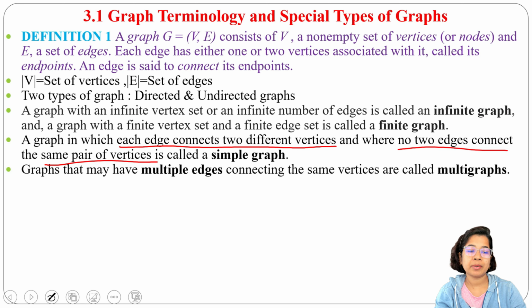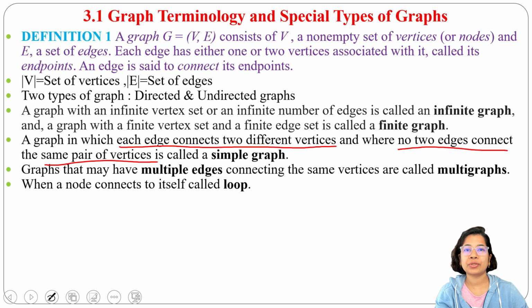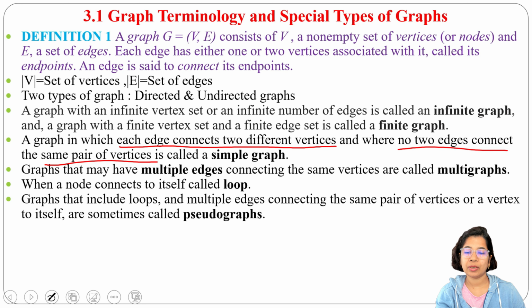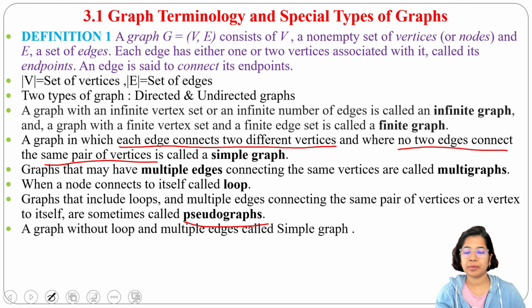A graph that may have multiple edges is called a multigraph, and when a node connects to itself, meaning there is an edge to itself, it's called a loop. A graph that includes loops and multiple edges is called a pseudograph. Simple graph, no loop, no multiple edges. Pseudograph contains loops and multiple edges.